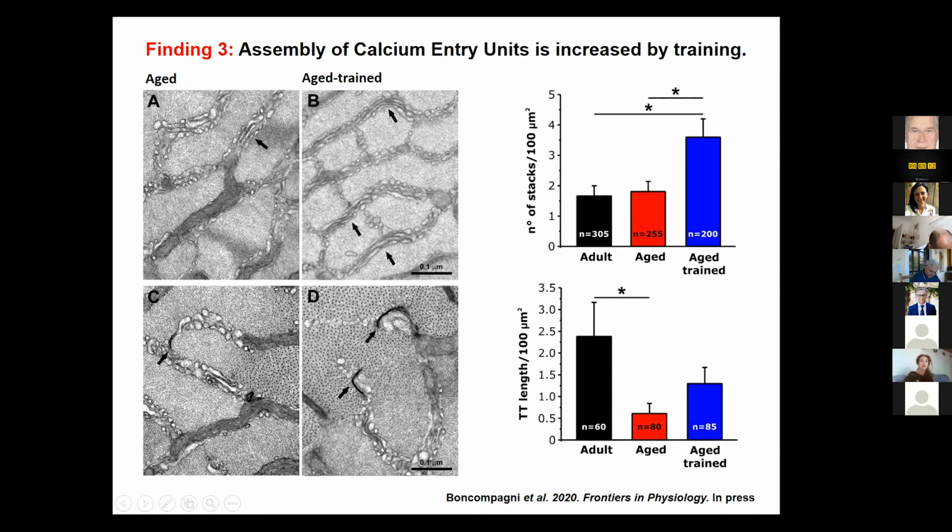So you see here the T-tubules are in black, because ferrocyanide is an electron dense precipitate in the tubule lumen. And as you see on the right, both parameters are significantly increased in aged muscle following training.